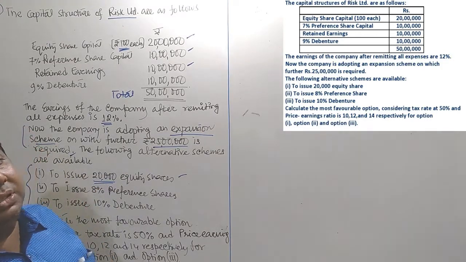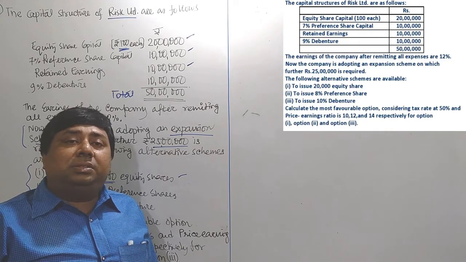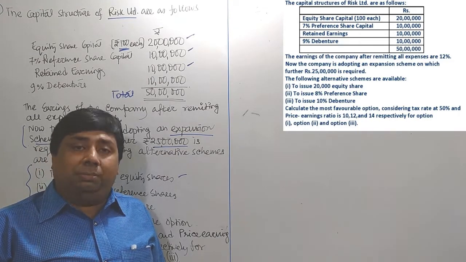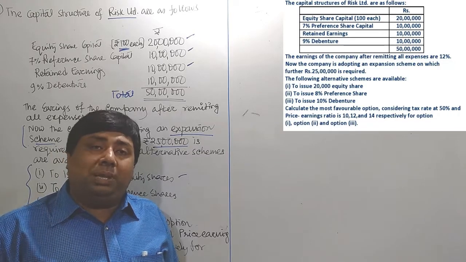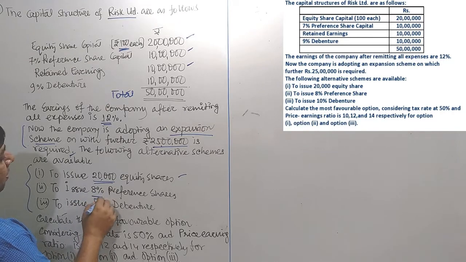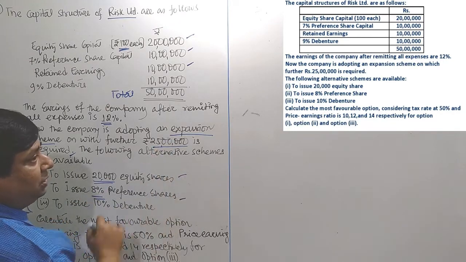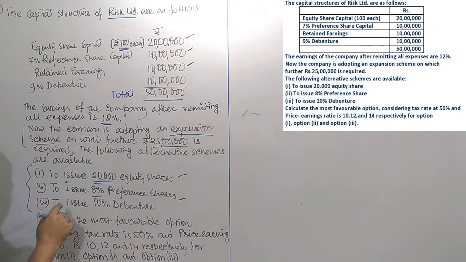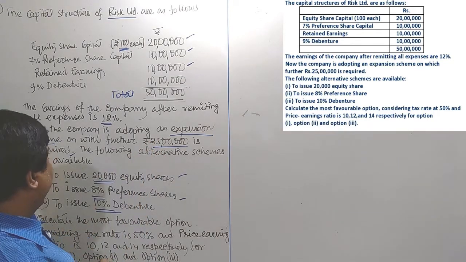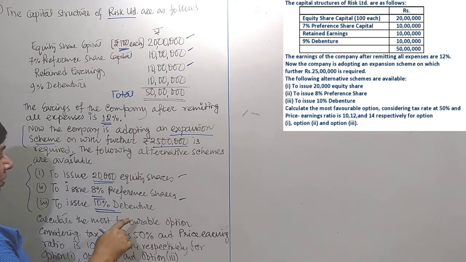In this regard, I must say that here we have to assume that the company issued the shares at a premium, in terms of securities premium. Next, the company issues 8% preference shares and the company can collect the 25 lakhs. Option 3, the company can issue 10% debenture and the company can collect 25 lakhs rupees. Calculate the most favorable option, that is our motto today.